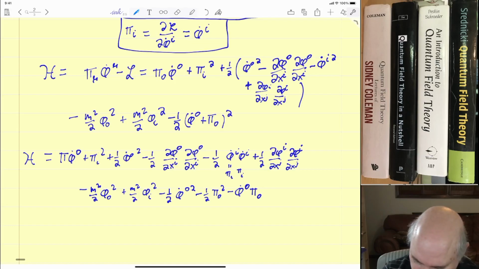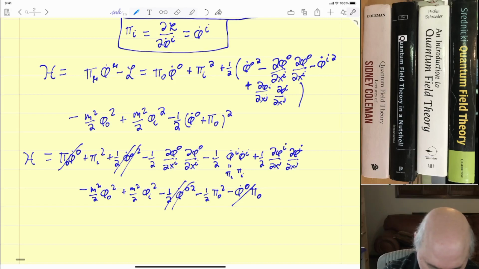Okay, now let's look for some cancellations. Okay, first of all, I left off the indice over here. So this cancels that. That's good. And the 1/2 phi 0 squared cancels this over here.